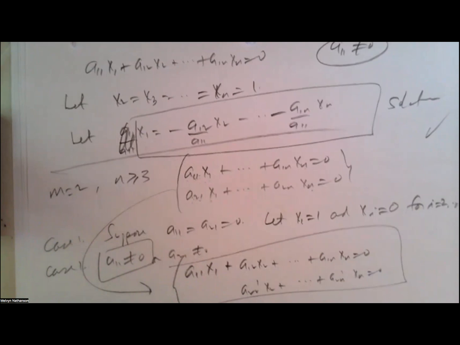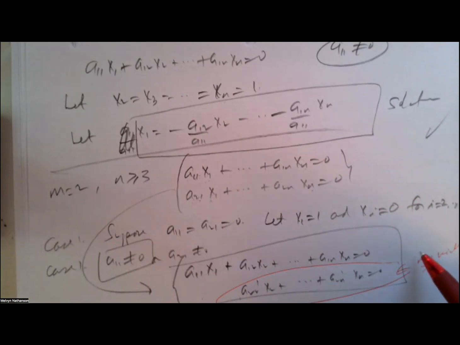So I have this system with x1 eliminated from the second equation, equivalent to the first. If I look at just this second equation, this is an equation in n minus 1 variables, and n is at least 3 in this case. So n minus 1 is at least 2 variables. I have one equation in at least 2 variables.